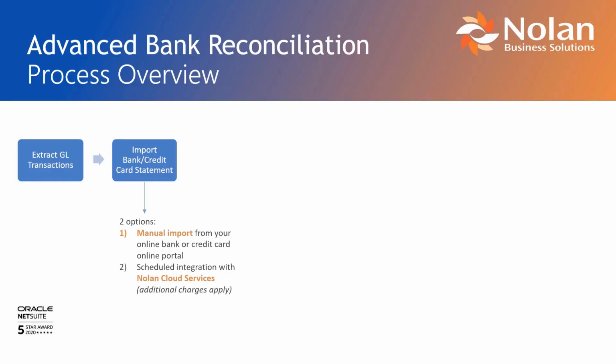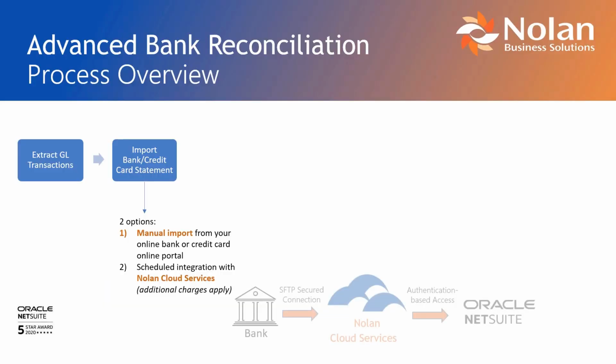For those of you that might want to eliminate that manual step and would like to explore a more automated way of bringing the bank data into NetSuite, we have a flexible offering through Nolan Cloud Services that will basically see you connect through Nolan Cloud Services directly to your bank, generally through an SFTP secured connection.